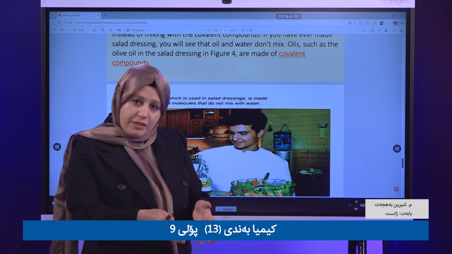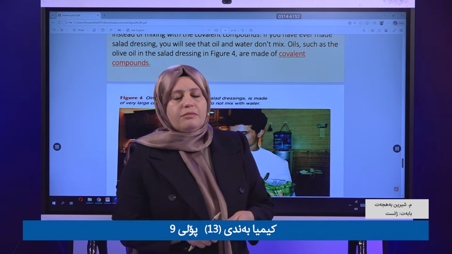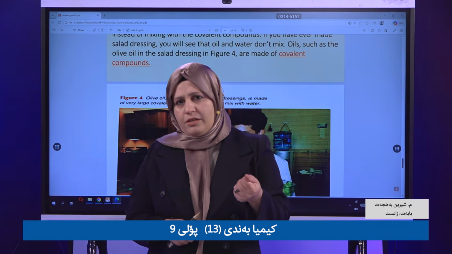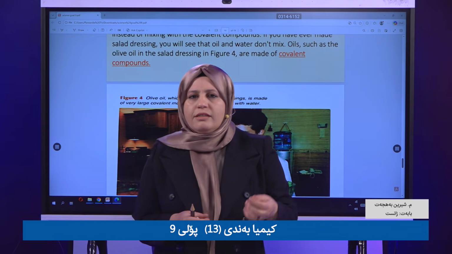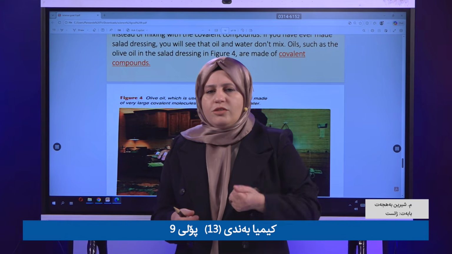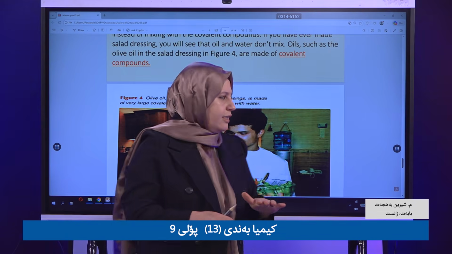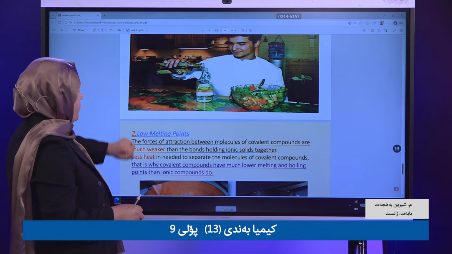Do this experiment. When you make a salad, you make a sauce. Put in oil and salt, anything, and start to shake it. When you shake it, it does not dissolve, which means it does not dissolve in water.